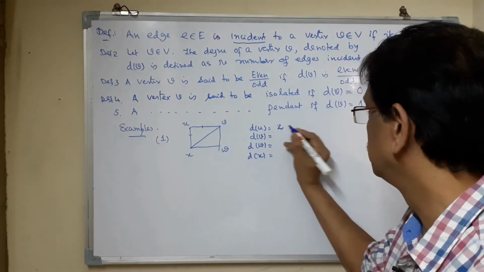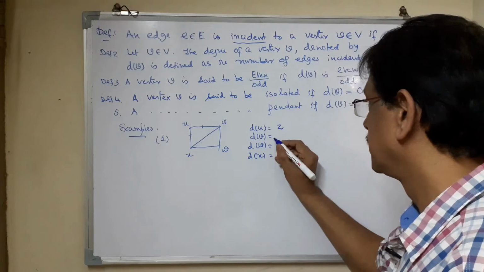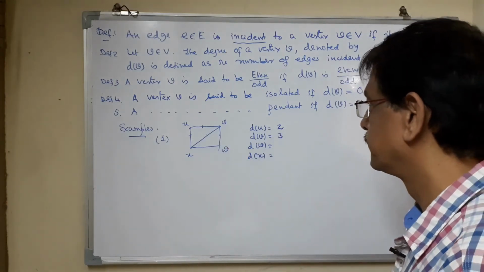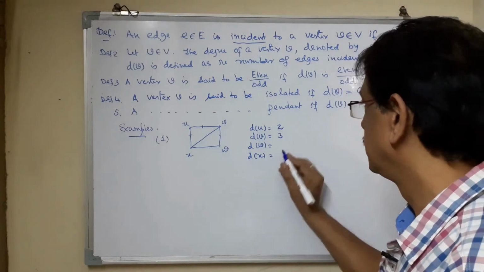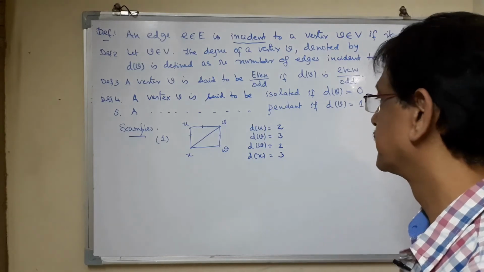Degree of U is 2. How many edges are incident with V? 1, 2 and 3. So degree of V is 3. What about degree of W? It is 2. And degree of X is again 3.